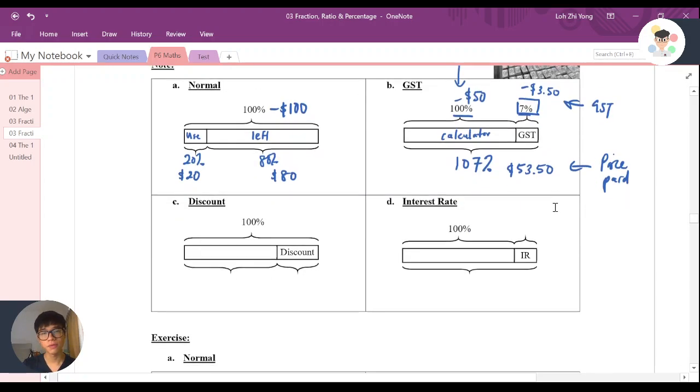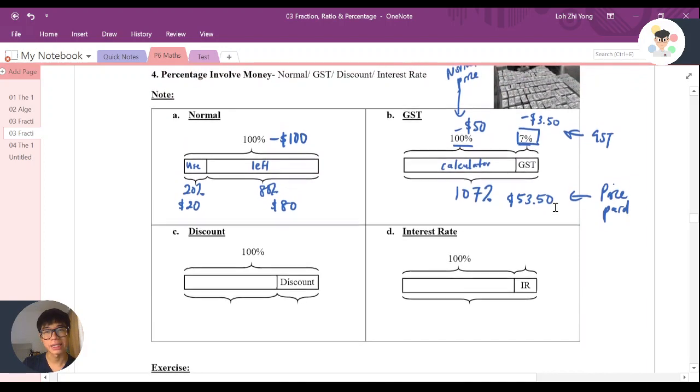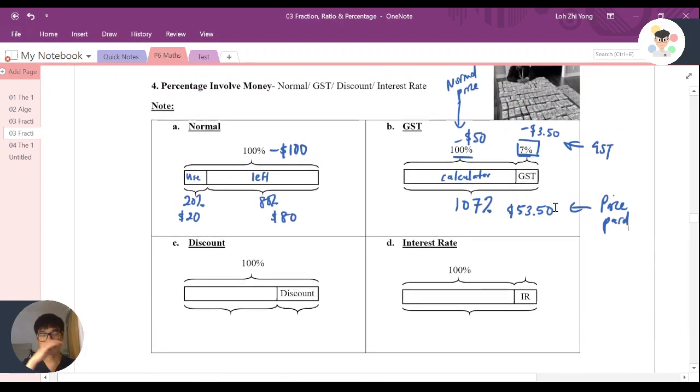Now, you might face also situation that they are giving you discount. Okay, C, discount. For example, the price of the shirt. Example is $50.